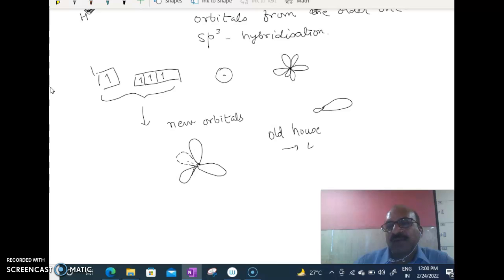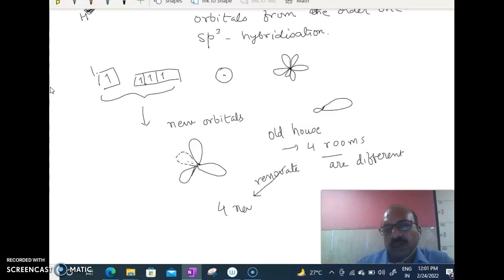I can explain this with an analogy. Let's suppose that we have an old house which has 4 rooms. Now these 4 rooms are all different from each other, correct? But you renovate this house, and when you renovate it, you break all these 4 rooms and then you create 4 new rooms, and these 4 new rooms are all identical.